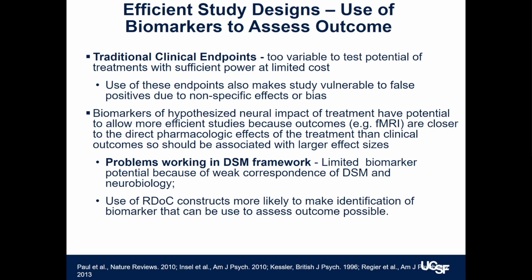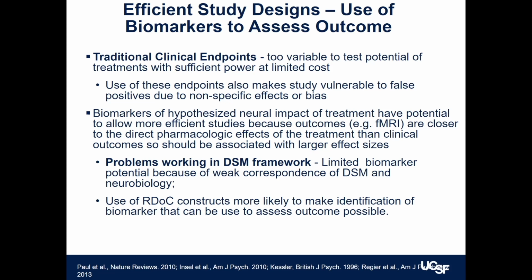because of our limited understanding. RDoC, this is the Research Domain Criteria project that was started by Tom Insel at NIH and Bruce Cuthbert at NIMH, is dimensional by nature and linked to biology by nature.